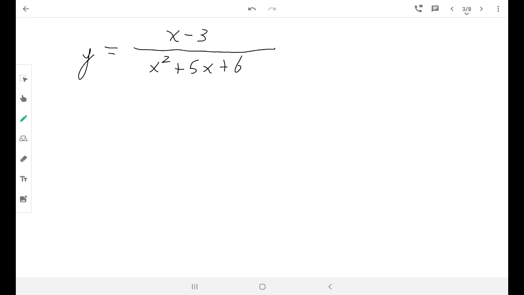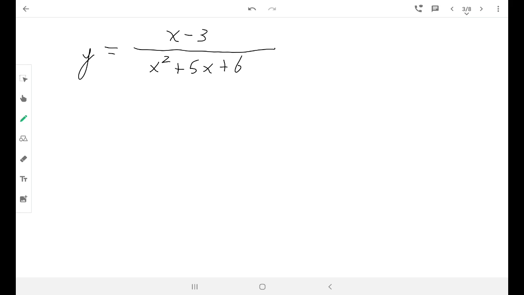Okay. So what I'm going to do is figure out what the asymptotes are first, and notice the degree of the numerator of the top is 1, the degree of the denominator is 2. In order for there to be a slant asymptote, the degree of the numerator of the top must be 1 more than the degree of the denominator, the bottom.